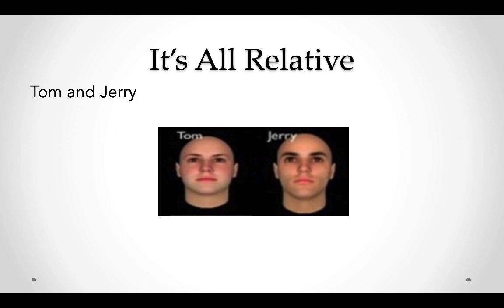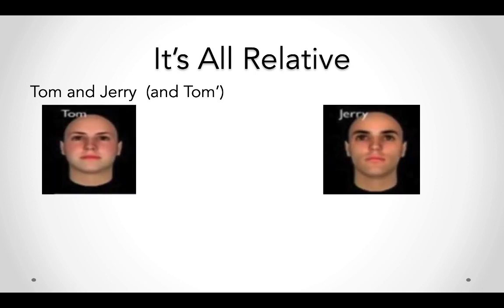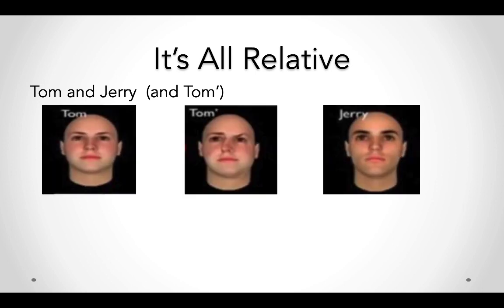So Dan Ariely in his book did something interesting. He took one of them and slightly made it a little bit off. He messed with the symmetry of the face and made it a little bit off. So let's introduce Tom Prime. This is Tom, this is Jerry, and Tom Prime is a little bit off. It's photoshopped, it looks a little bit off. Who would you go on a date with at this moment?